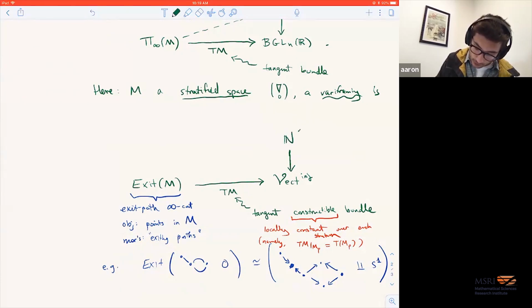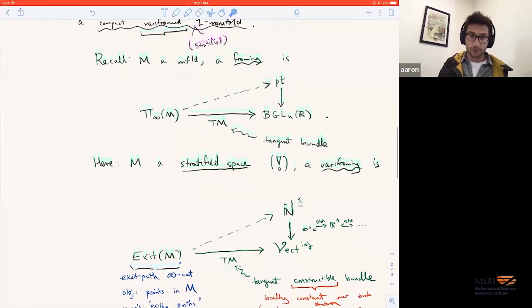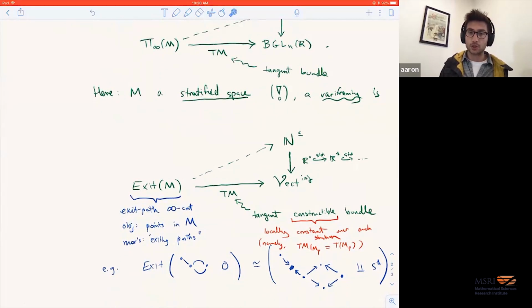So this is just a poset picking out R^0, including standardly into R^1, including standardly into R^2, etc. And this, finally, is what a veriframing is. So again, a framing is a trivialization of the tangent bundle. A veriframing is a trivialization in this sense of the tangent constructible bundle.